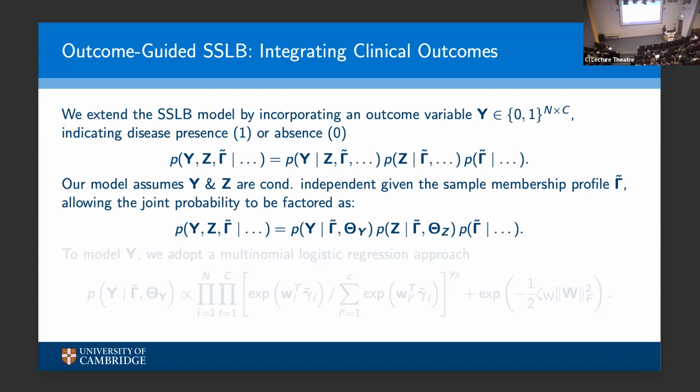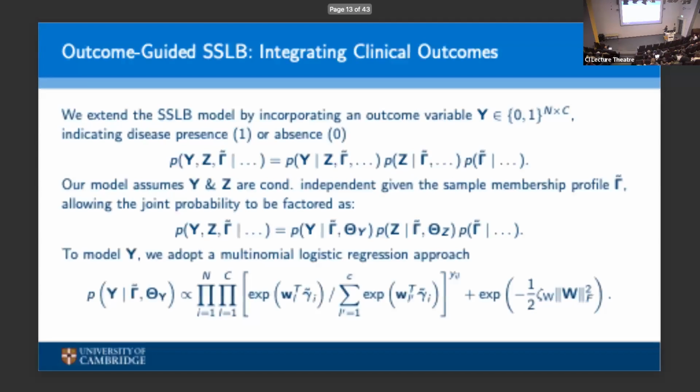And in this model, we assume that y and z are conditionally independent, given the sample membership profile gamma tilde. This allows us to express the joint probability on these factors, and then this joint probability to be factored as this expression, and then we can model the disease outcome.